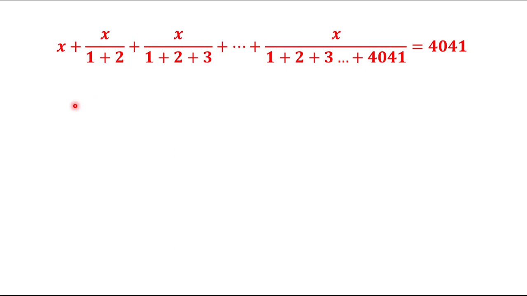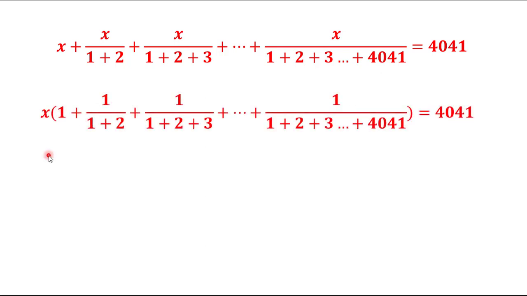To solve this problem, we can factor out x from all fractions. As you can see, we have the sum of several fractions: 1 plus 1 over 1 plus 2, plus 1 over 1 plus 2 plus 3, up to 1 over 1 plus 2 plus 3 up to 4041.